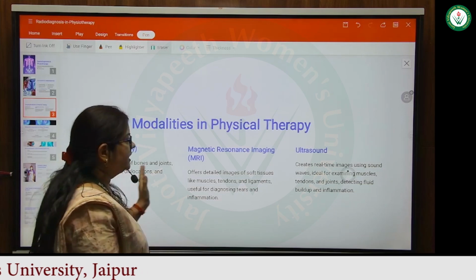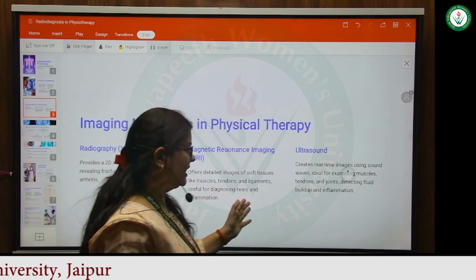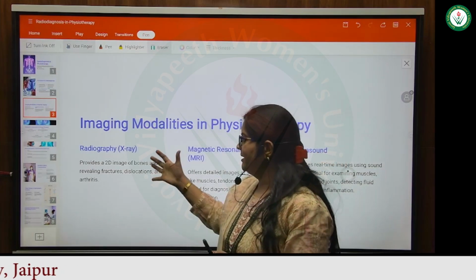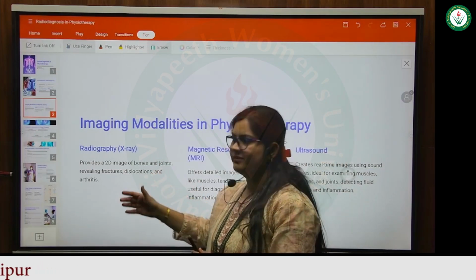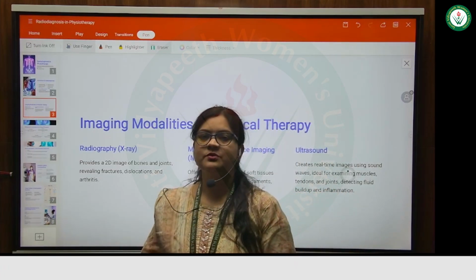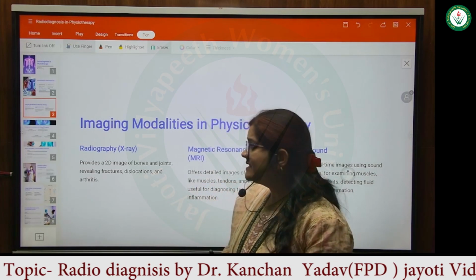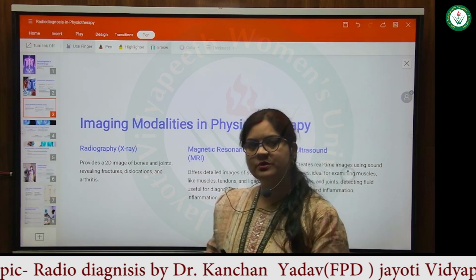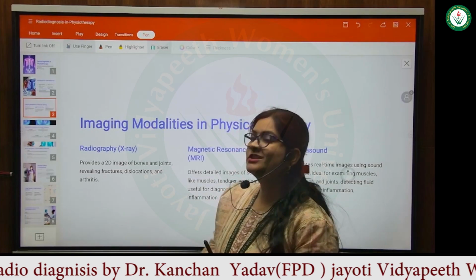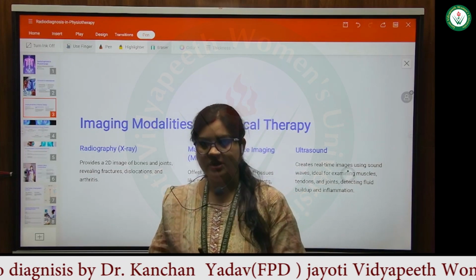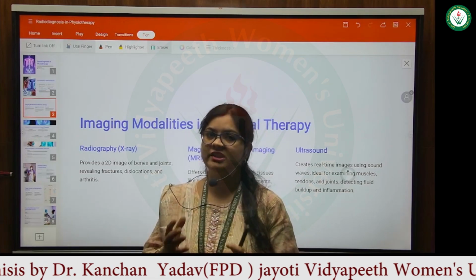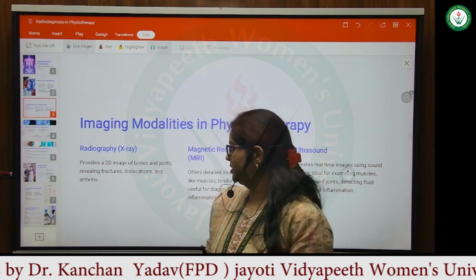So these are various types of modalities which we are using in the radiographic imaging technique. The first one is radiography, which is the simplest and the most common one used in the present era by the physiotherapist to visualize the internal structures, as well as to identify if there is any type of abnormality or alteration.